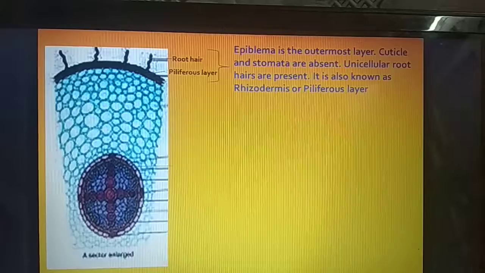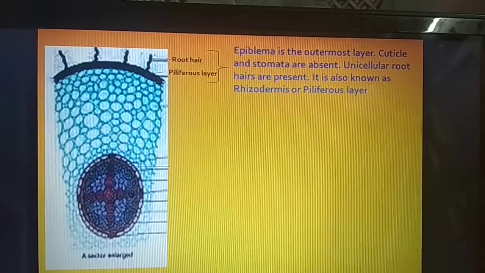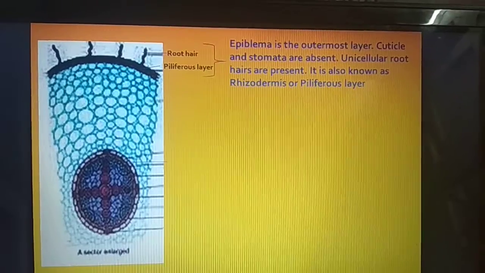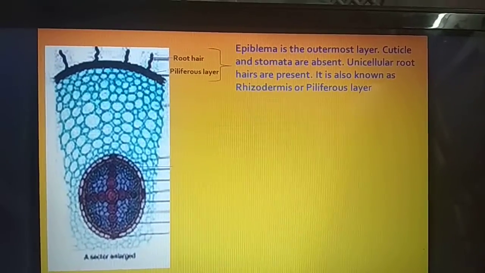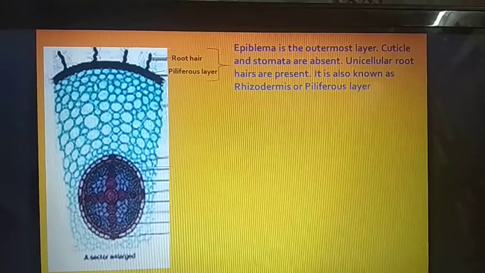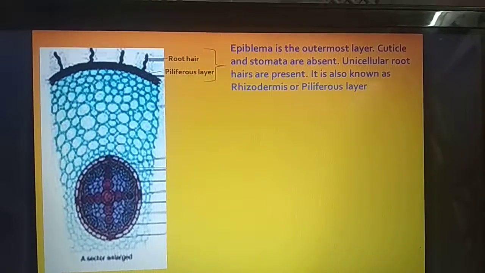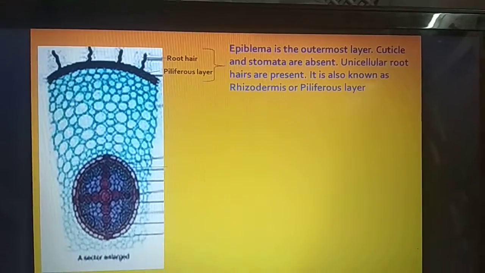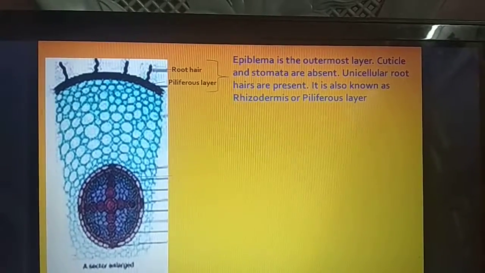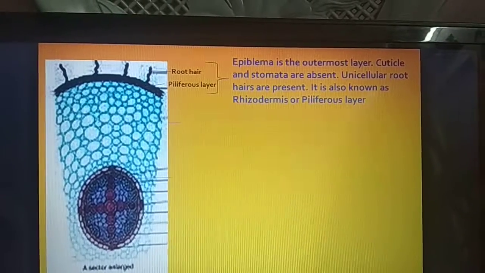Cuticle and stomata are absent. Cuticle is a waxy layer. In the root, there is no waxy layer, and stomata, small openings, are also absent in the root. Unicellular root hairs are present. It is also known as rhizodermis or piliferous layer.